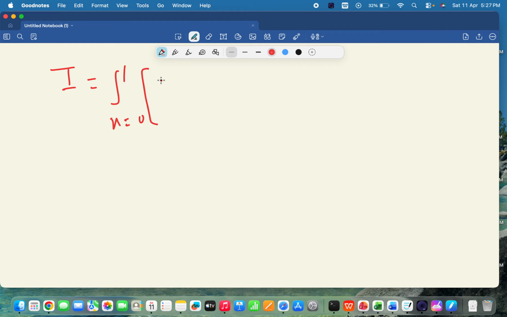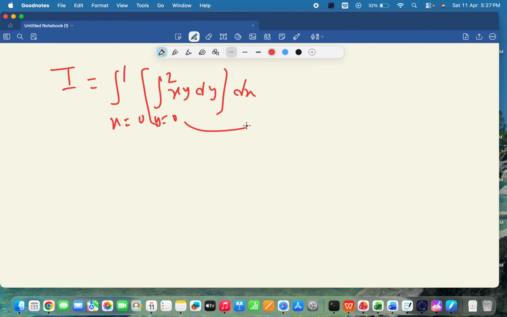This means that firstly we have to solve this limit 0 to 1 and y is equal to 0 to 2, xy with respect to dy and dx.